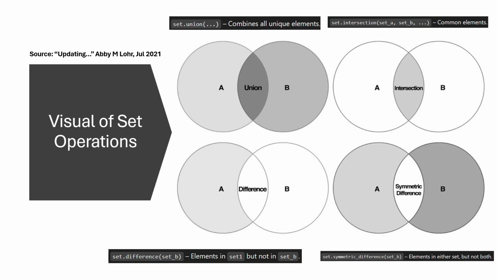For the set difference of A and B, it will take the elements in set A but not in set B, which will exclude those from set B that were already in set A. And for set symmetric difference of set A and set B, it gets rid of the things that are in common and only provides the things that are unlike each other.